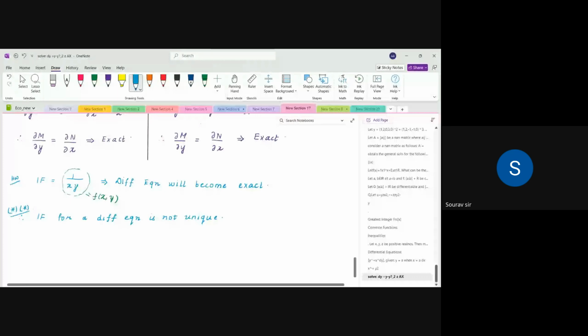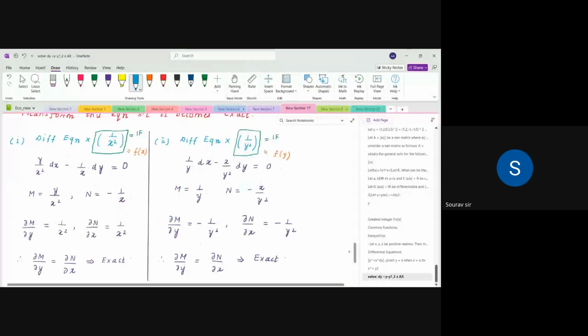Now, obviously, this differential equation was pretty simple, right? y dx minus x dy equals 0. So I believe to many of you, it might sound like guesswork. We need to guess a function that we consider as an integrating factor, right? So what happens if you have a little more complicated functions where guessing is a little difficult?